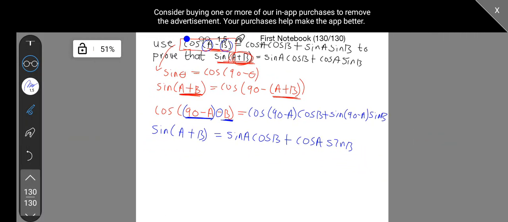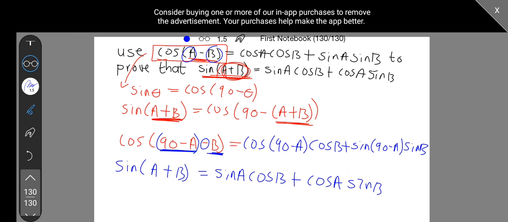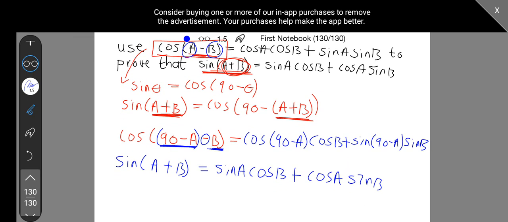We have proved it. It says prove that sin(A + B) is equal to sin A cos B plus cos A sin B. So the first thing you must do, before you prove this, is take the original one, find the cofunction of it, so that you can get sine. We know that cos(90 − (A + B)) is the same as cos(A − B).